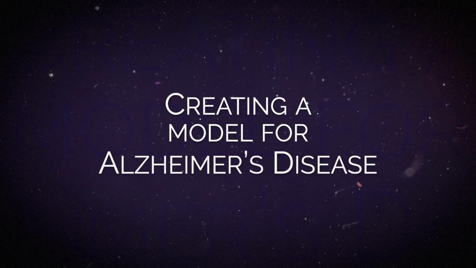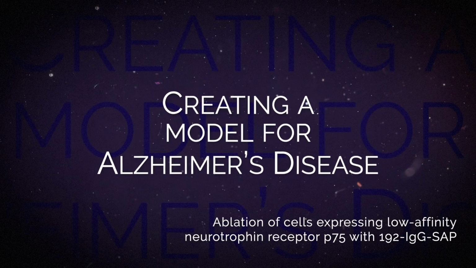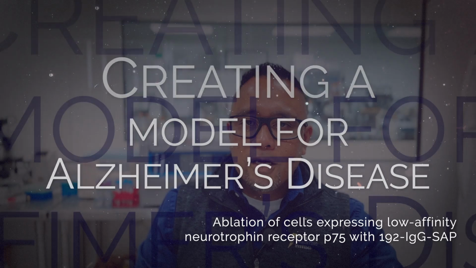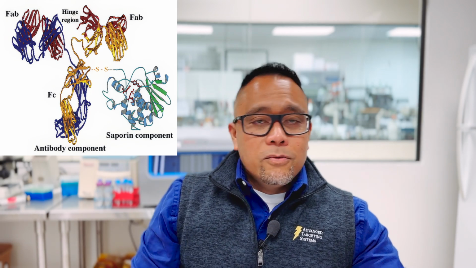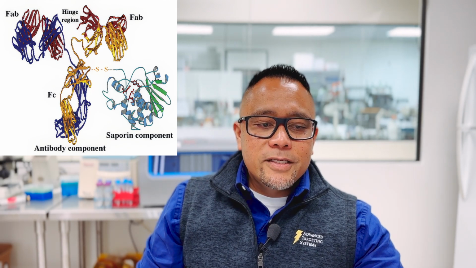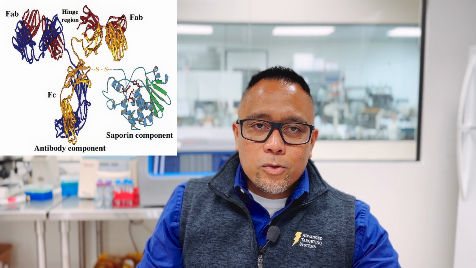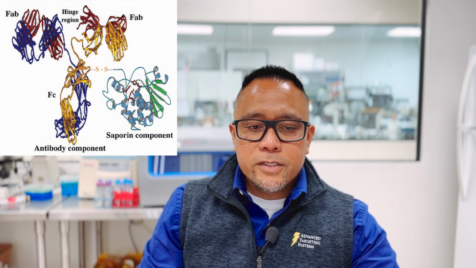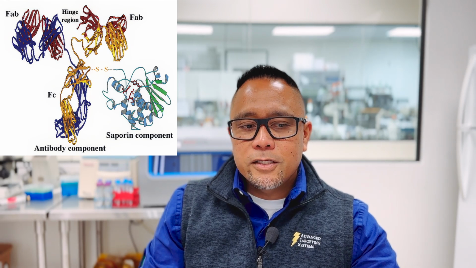Now we'll talk about one of the first disease models, Alzheimer's disease. We create an Alzheimer's disease model using a product called 192 IgG-saporin, which targets the low affinity neurotrophin receptor, otherwise known as p75. 192 IgG is a monoclonal antibody that recognizes the low affinity neurotrophin receptor, and we've chemically conjugated it to Saporin.